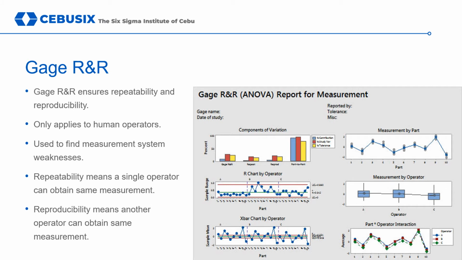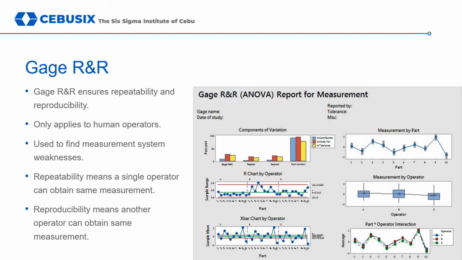Gage R&R tools are used to ensure repeatability and reproducibility with regard to measurement systems. In most cases, Gage R&R tools apply to measurement systems that involve human operators and appraisers. Six Sigma teams apply Gage R&R tests in order to find weaknesses within such measurement systems.